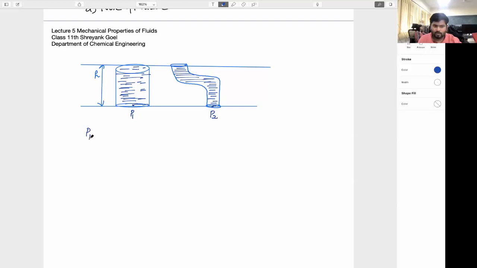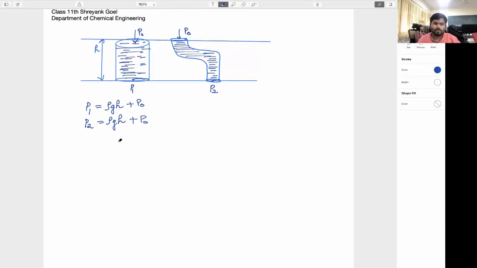According to me, the correct answer is P1 is rho gh and P2 is also rho gh. And if atmospheric pressure is there, let's say some P naught, then it is plus P naught. Okay. So now the question is, P1 you can see directly, but how for P2?